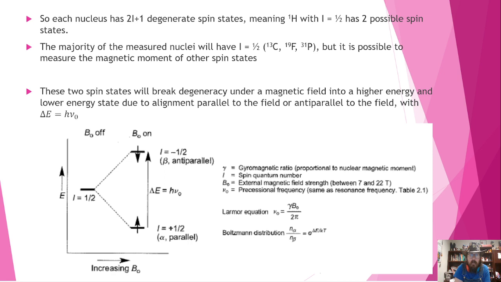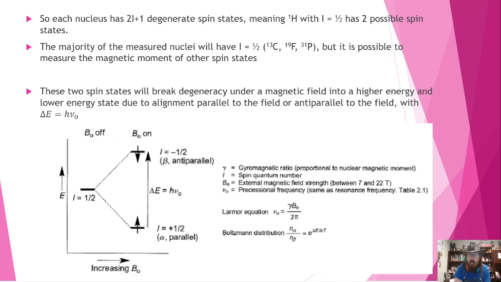However, when we apply a strong magnetic field, you're going to separate these spin states into 2 different energy states. One is going to be a lower energy state where it's aligned with the field. So it's like you're running with the wind. If you're running against the wind, you have to use more energy to move forward.